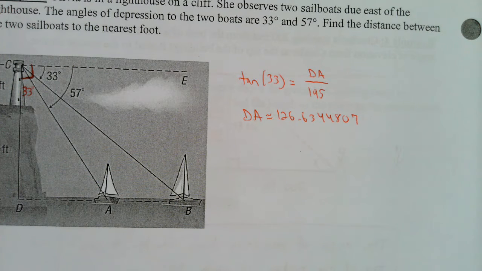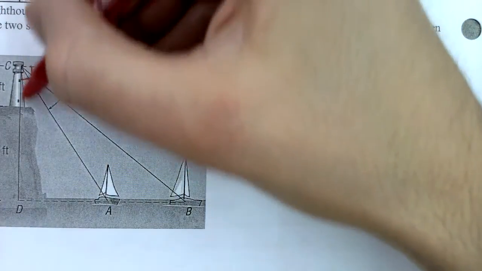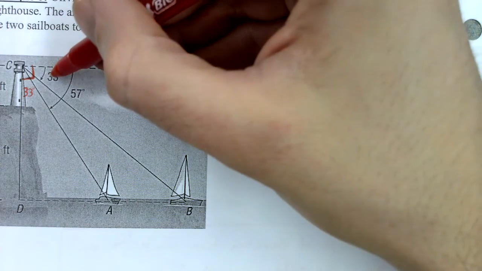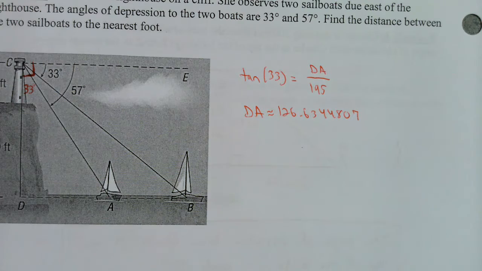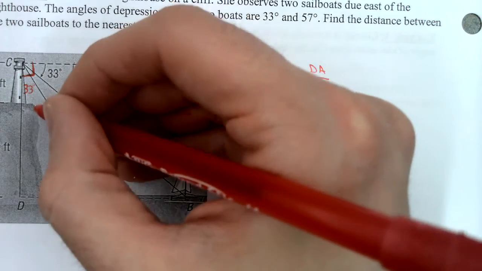And now let's get DB. So for DB, let's focus on this big triangle, CDB. If this is 33, that means that this entire angle, these first two angles put together, is 57.